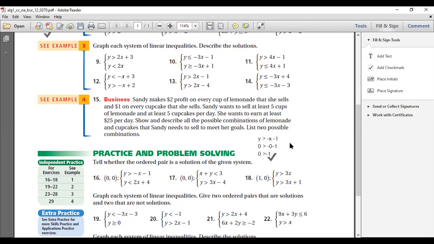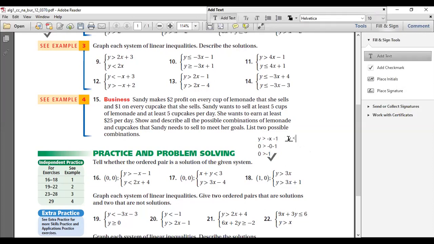This inequality is correct. So let's check for the other one now, which is y is less than 2x plus 4. So y is 0, which should be less than 2 multiplied by x, which is 0 again, plus 4. So 0 is less than, 2 zeros are 0, 0 plus 4 is 4.